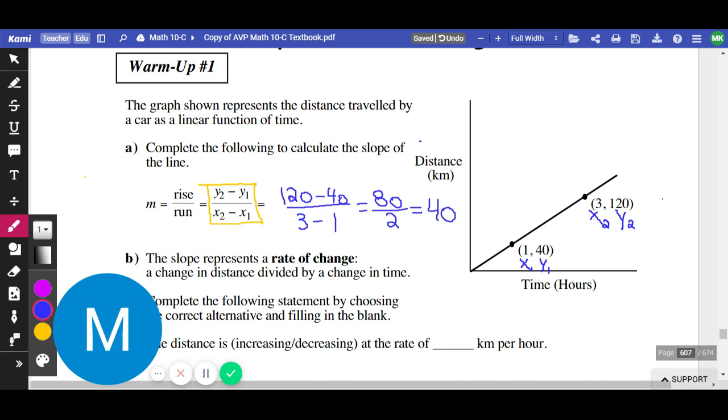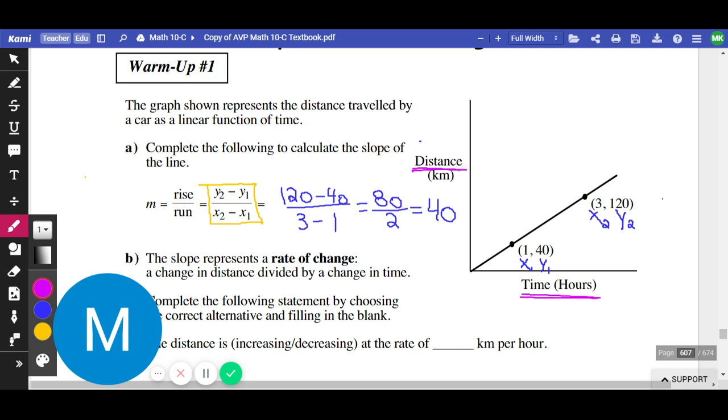Fantastic. Now, this slope actually does represent something. To help figure out what it is, what I like to do is go to my rise over run, and instead of using the numbers, use whatever your y is divided by whatever your x is.